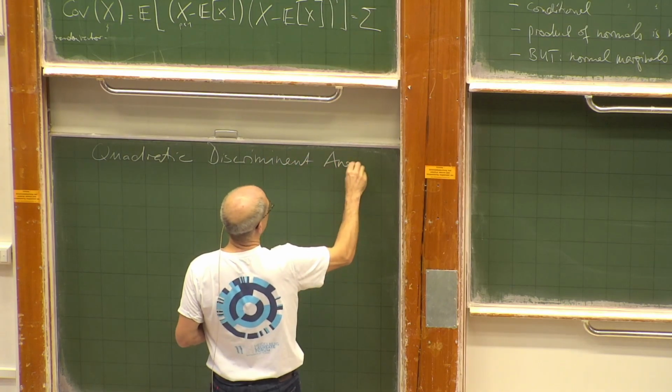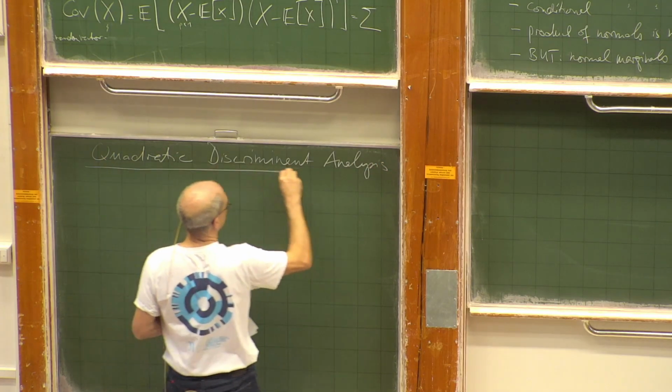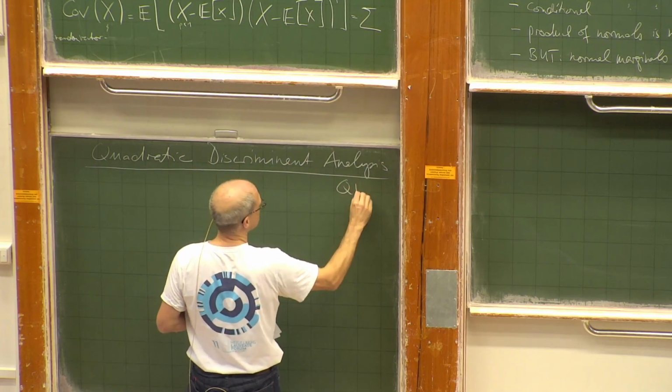The technique is called Quadratic Discriminant Analysis, QDA for short.